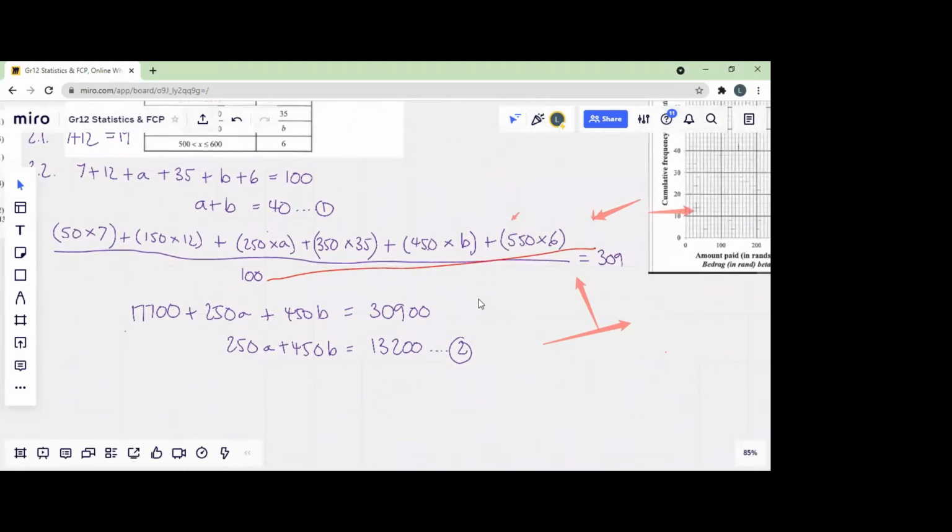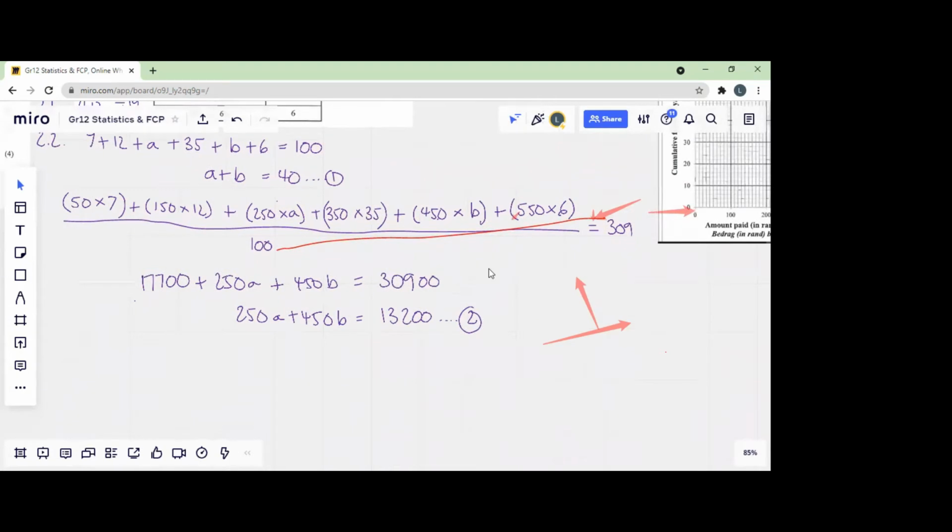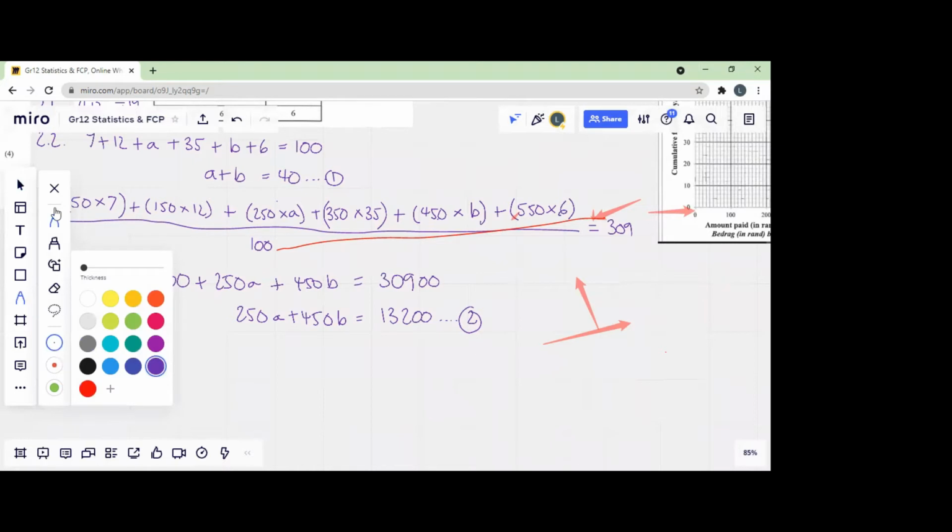Okay, so Benedict, I suppose the easiest thing to do here is to solve by substitution. It doesn't matter which one we work with. So let's say we take equation number 1, and let's say we decide we're going to make A the subject of the formula, right?